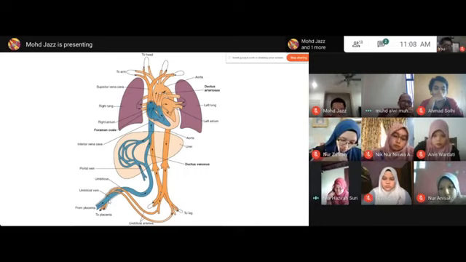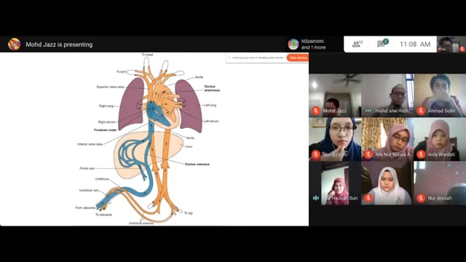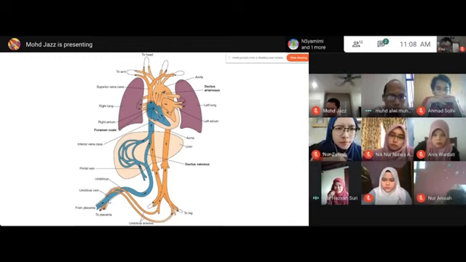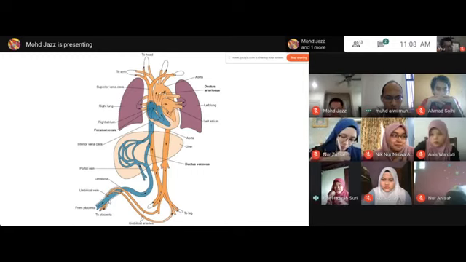So 50% of the umbilical venous blood will enter the hepatic circulation, and the rest of the blood will bypass the liver via the ductus venosus to the inferior vena cava. The inferior vena cava brings the poorly oxygenated blood from the lower limbs. So then the poorly oxygenated blood will mix with the blood from the umbilical vein via the ductus venosus, right?